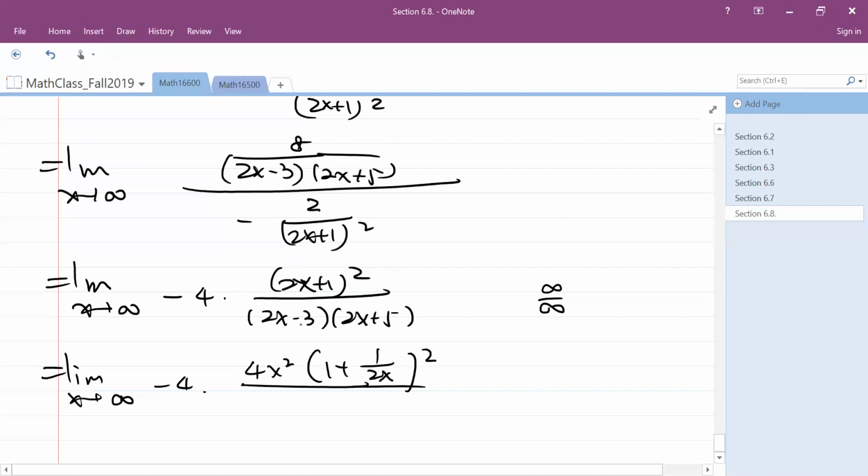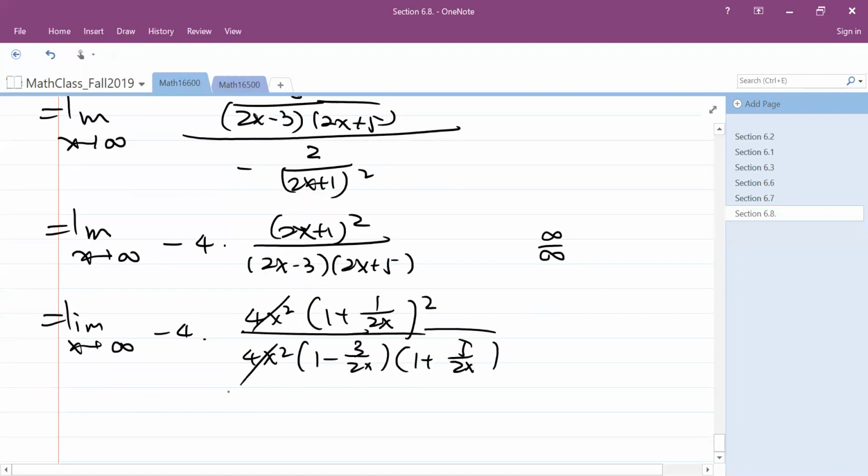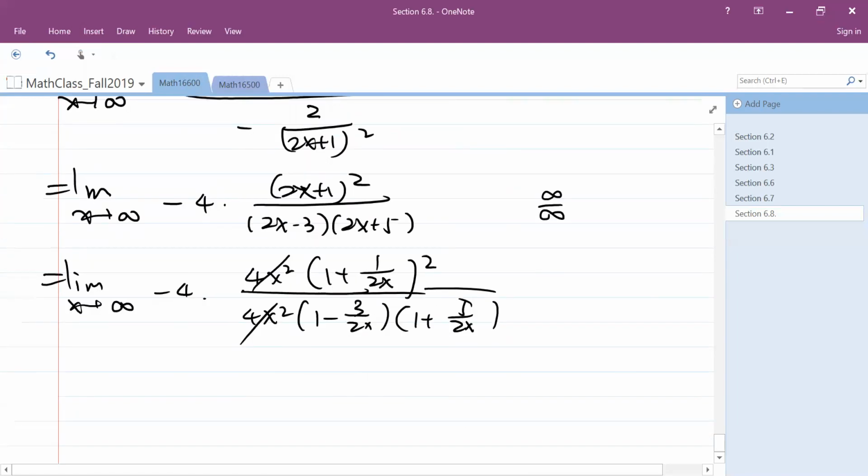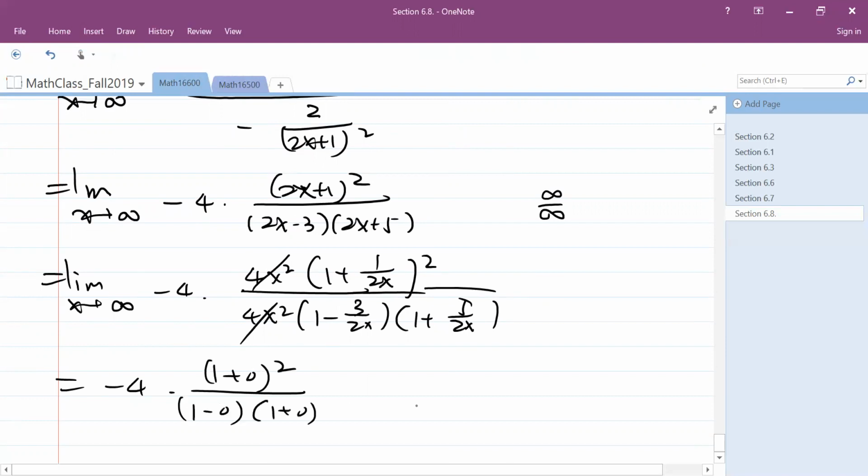I also take 2x out from each factor, so I get 4x squared, (1 minus 3 over 2x)(1 plus 5 over 2x). Then those cancel out. It's clear that when x approaches infinity, you get 4 times (1 plus 0) squared over (1 minus 0)(1 plus 0). So the answer would be 4.